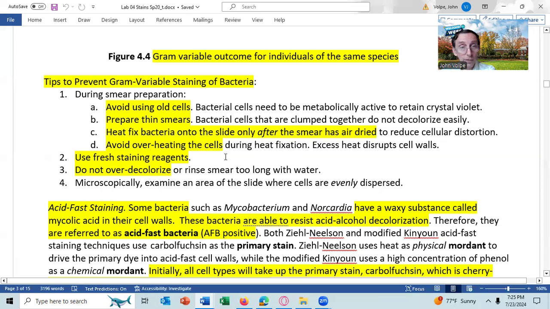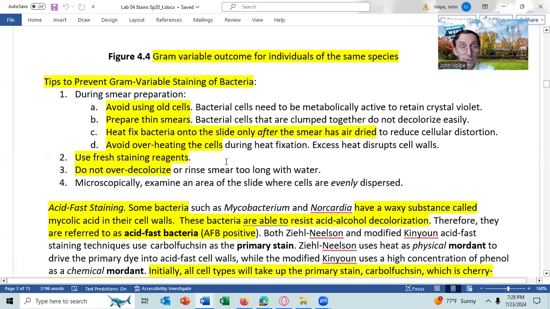And then avoid overheating the cells during heat fixation. Excess heat disrupts the cell walls, and you can always look at cells, and if they look like melted cells, you know they've been overheat fixed. Any question about any of that?